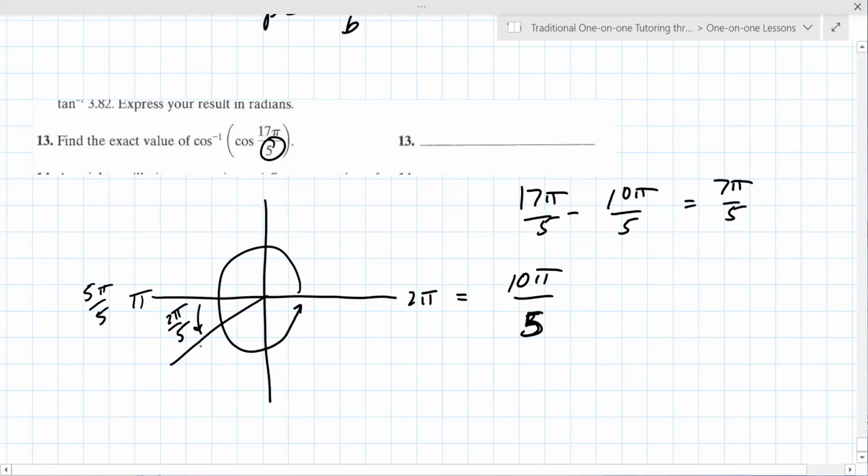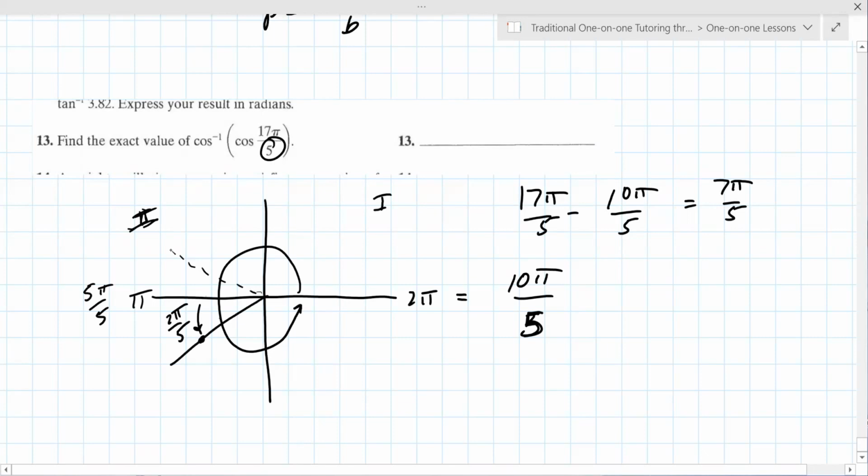And whatever that is, we don't know what that is, but the cosine inverse of that, because cosine inverse is only defined in the first and the second quadrant, you have to make a mapping of this. So notice that the value is negative, so it would end up being up here.